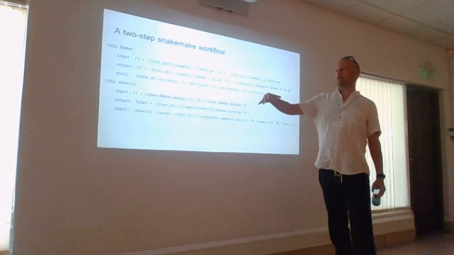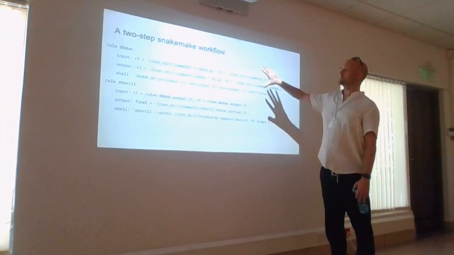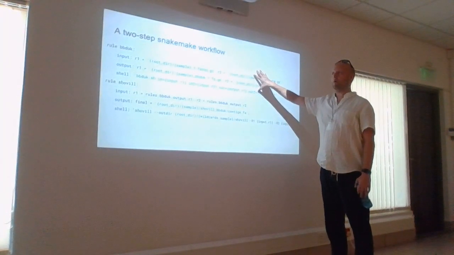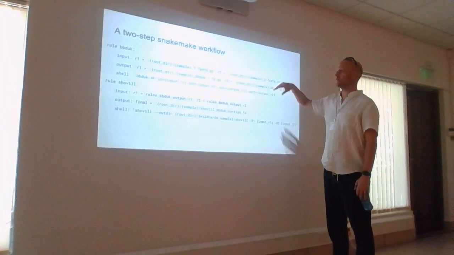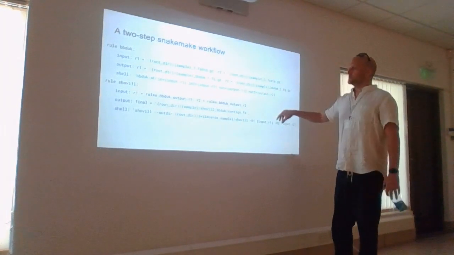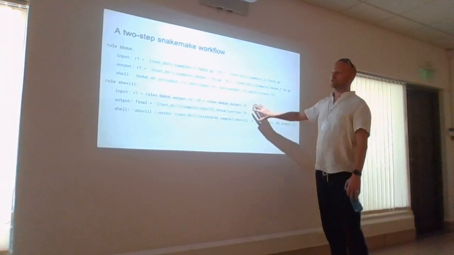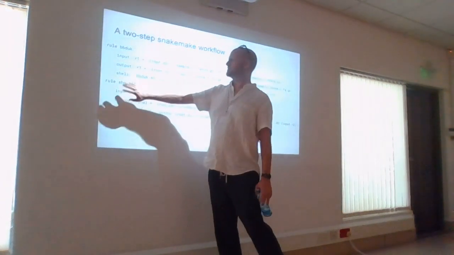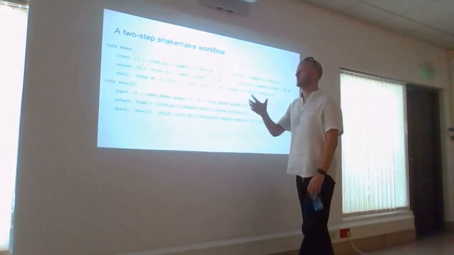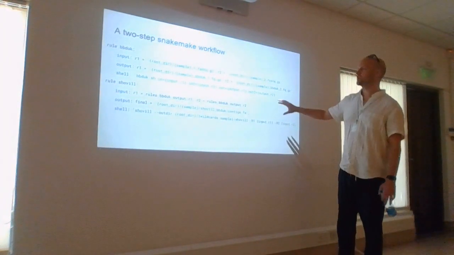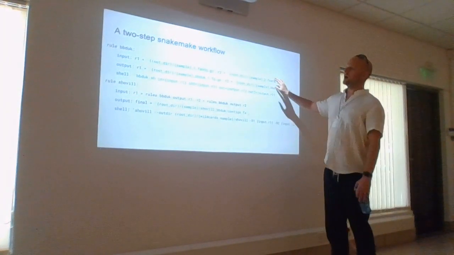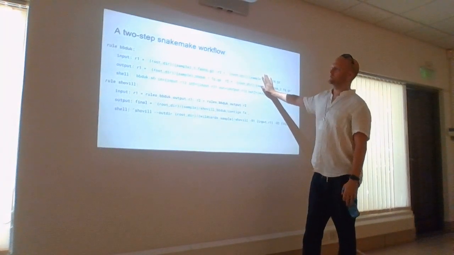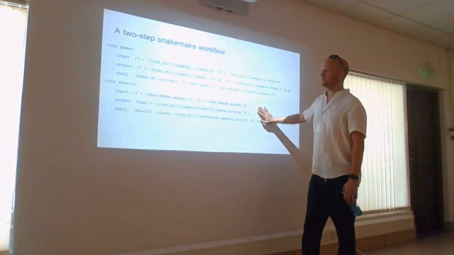So the overall outline is this rule is going to trim our reads and produce quality reads that don't have any low quality bases in. And this rule is Shovill, Torsten Seemann's SPAdes assembler modification, which just does a de novo assembly. So this one does the read trimming, this one does the de novo assembly.